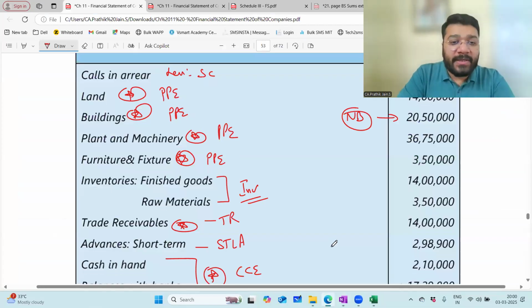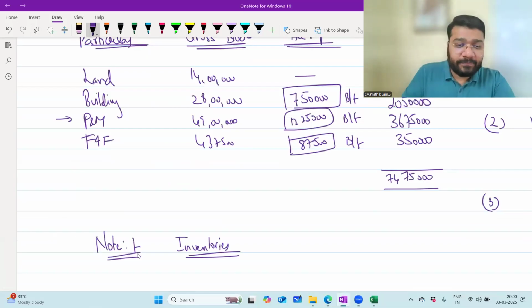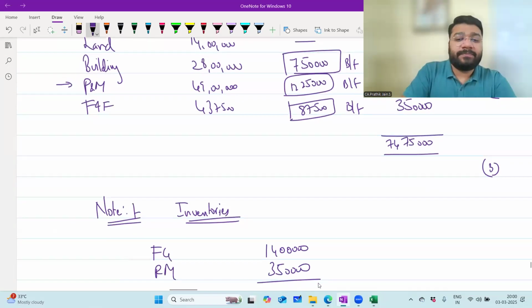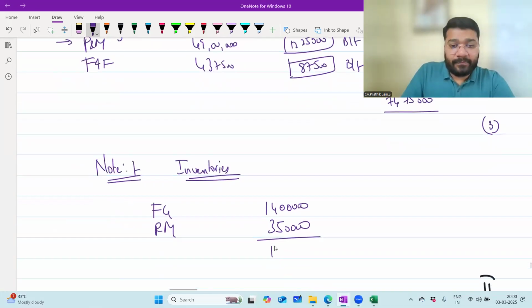What is the break up of inventories? Finished goods and raw material. Finished goods 14 lakh. Raw material 3 lakh 50,000. Total is how much? 17 lakh 50,000.